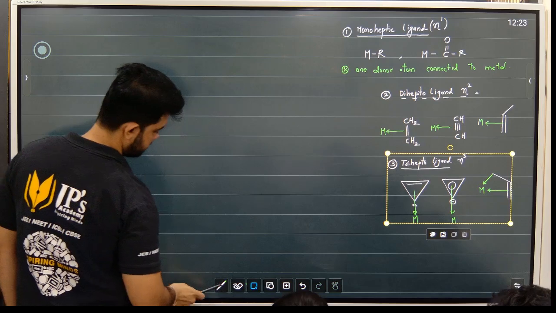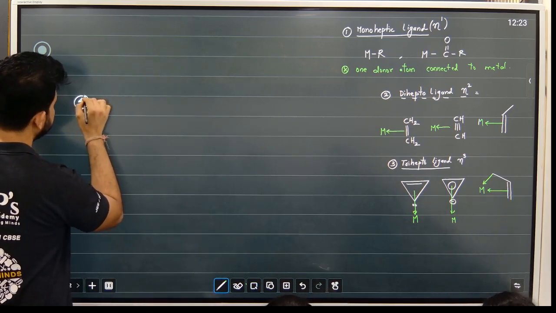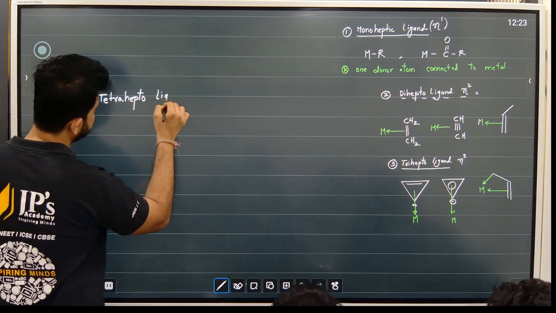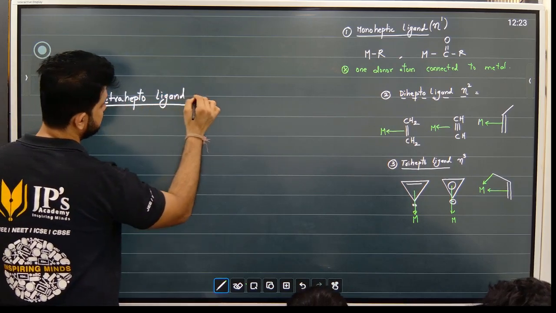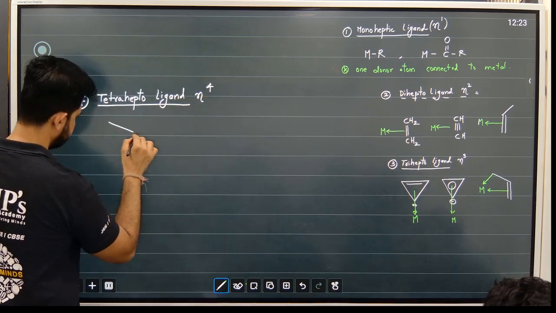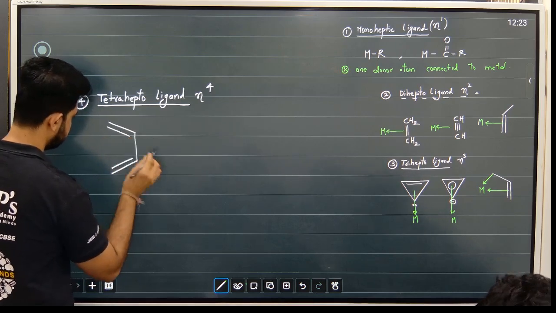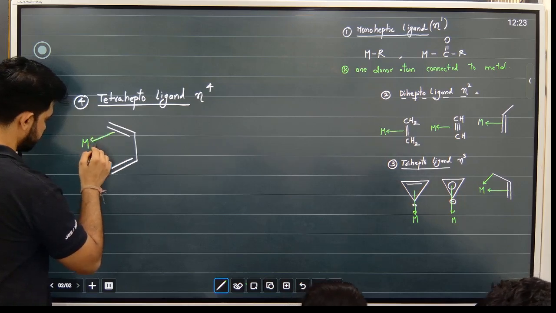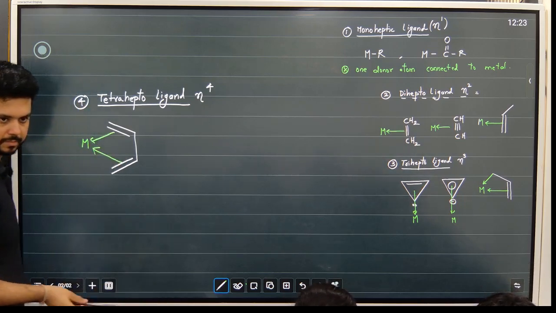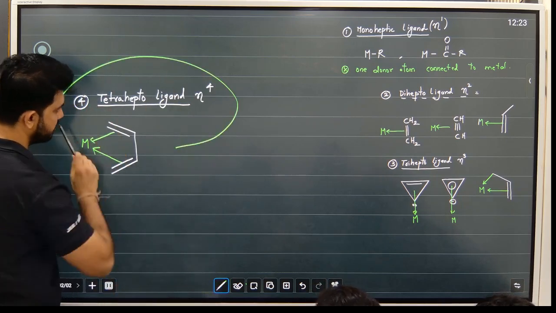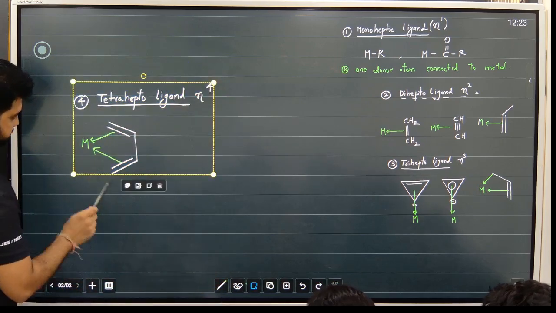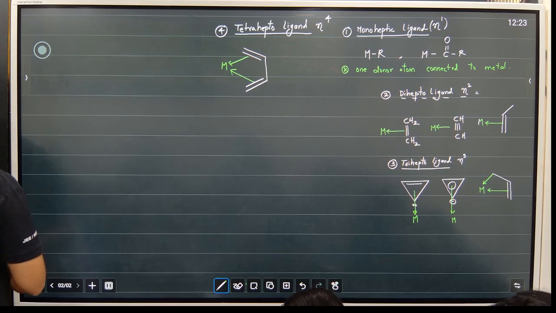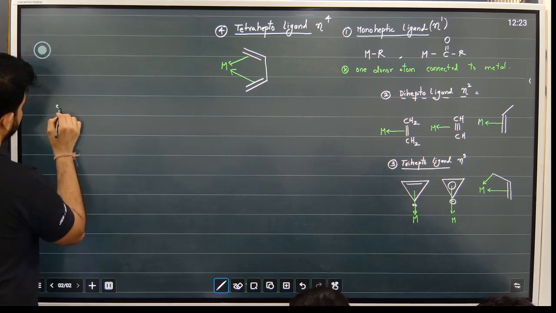Keep copying the examples. After trihapto we have tetrahapto ligand. Eta is 4. Followed by pentahapto ligand.